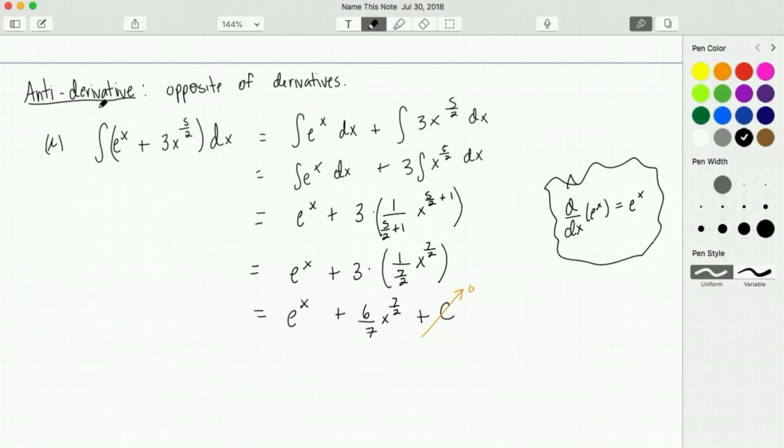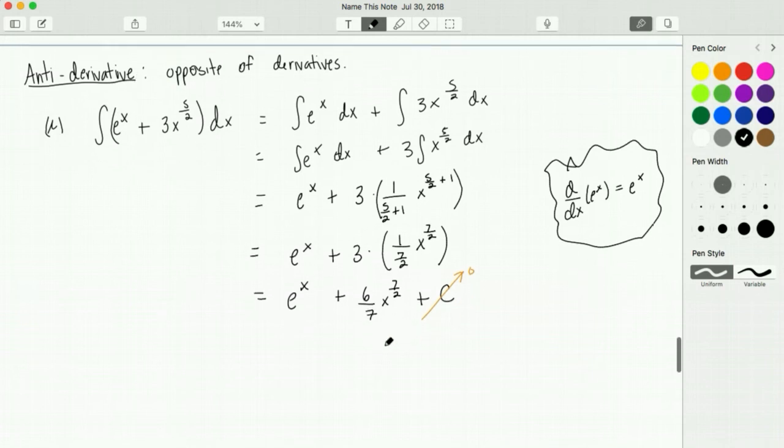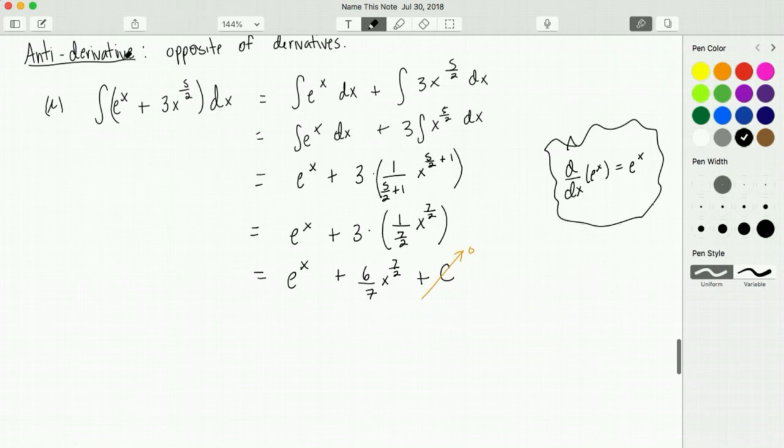So integrals are an example of antiderivatives. Now let's take a look at what we have here and use this definition of antiderivatives to see if we can get our original function by finding the derivative of our answer. So this is how we check.